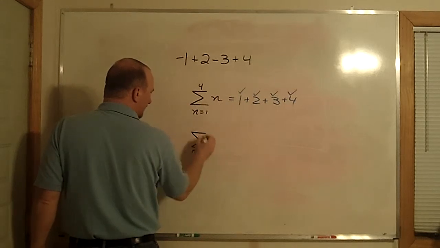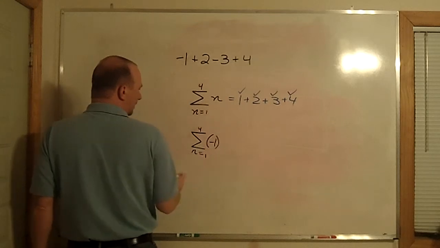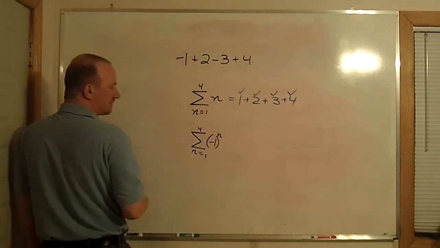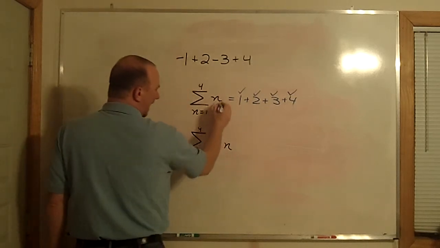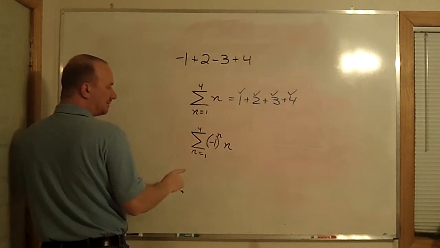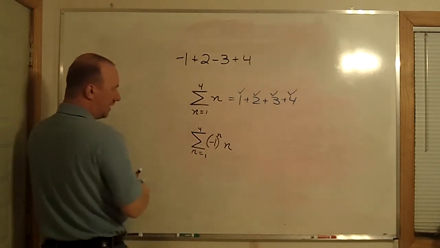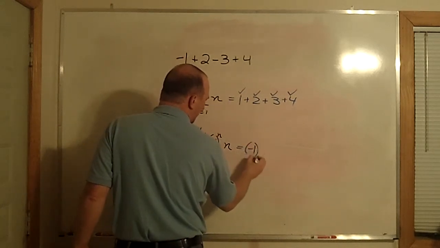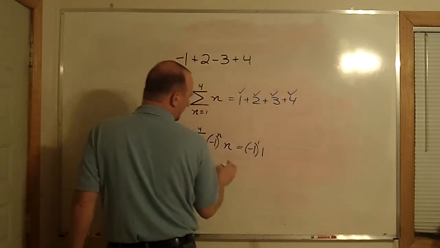And this is what you do. You first put a negative 1 in the front, and you're going to raise it to the nth power. And then you're going to multiply that by your n. So watch what will happen. The very first time through, when n is 1, you are going to have negative 1 to the first power times 1.